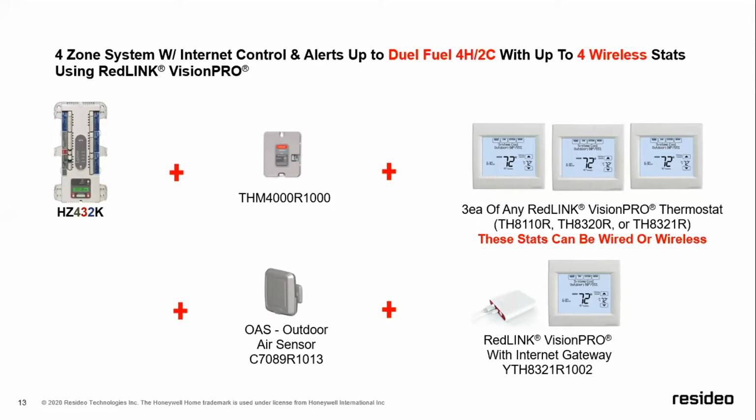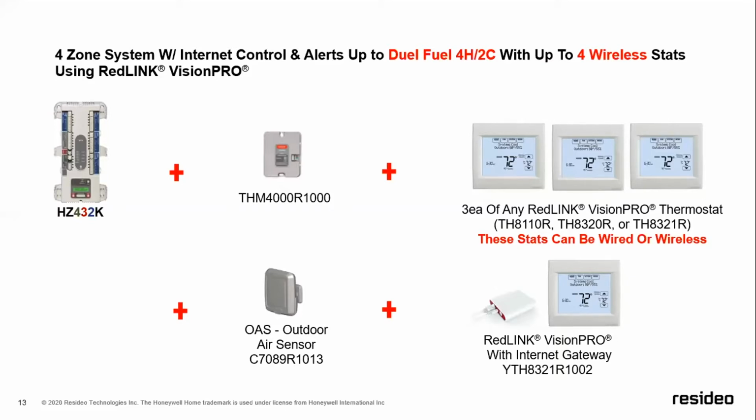Okay, so the outdoor temperature sensor in this scenario is actually going to communicate what the outdoor temperature is to that 4000R wireless adapter. So that's how the zoning board knows whether to operate the gas furnace or oil furnace below the balance point or the heat pump, and that's how that's being communicated to it.